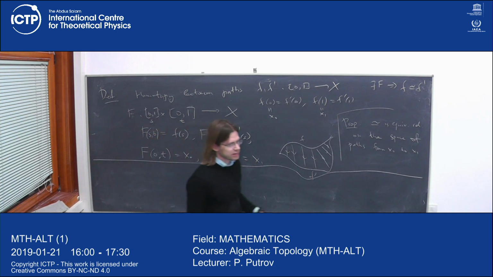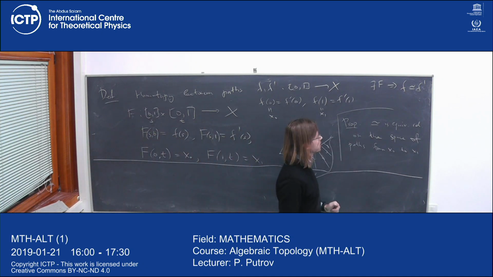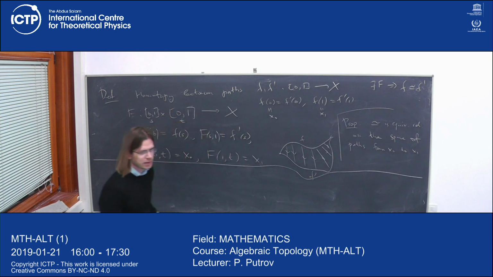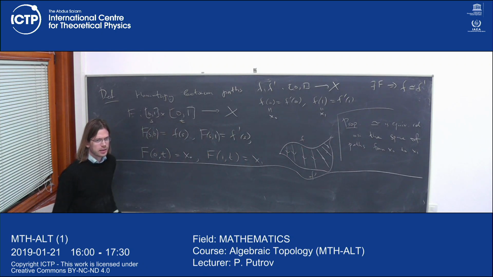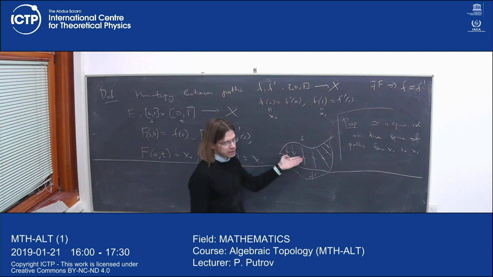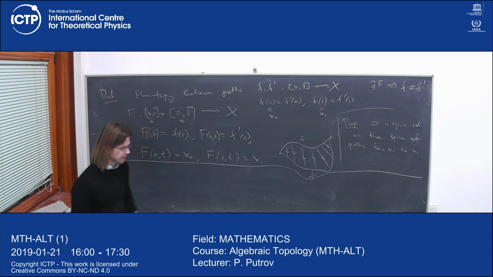Indeed, it's a bit of an abuse, so we have to be clear. If there is a homotopy of maps, does this imply that there is a homotopy of paths? Not necessarily. But the other way, of course, it implies. This is a particular type of homotopy. This is a more restrictive homotopy.